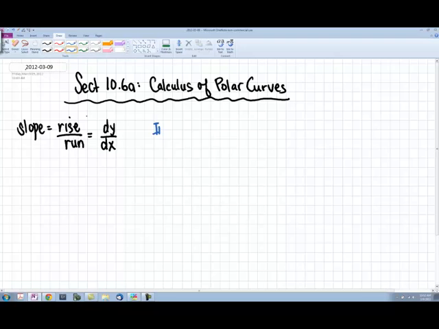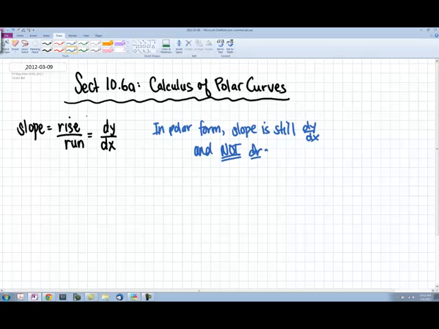So basically, in polar form, slope is still dy dx and not dr d theta, like some people will mistakenly identify.